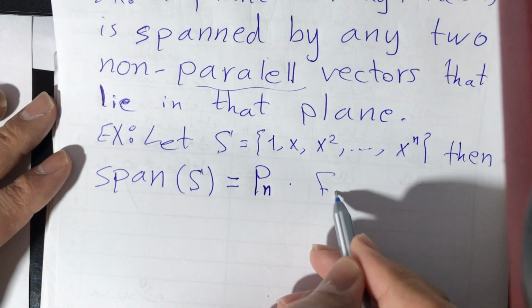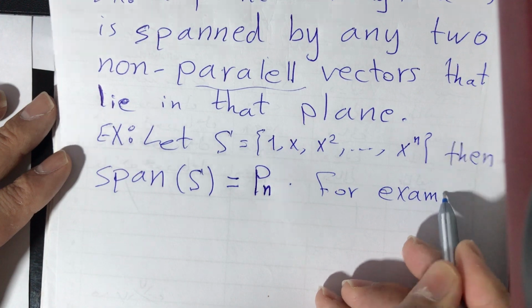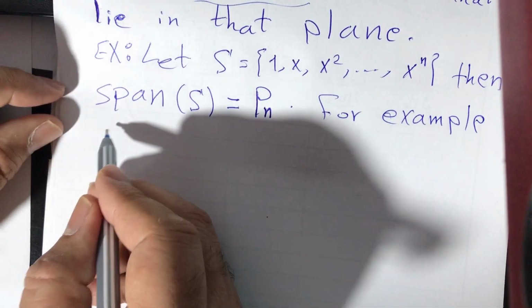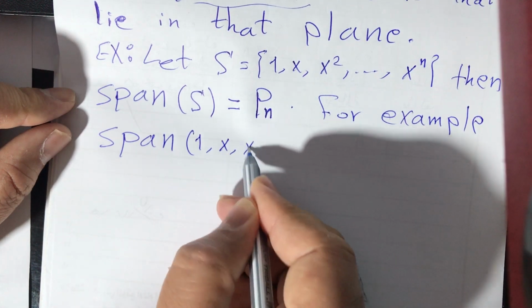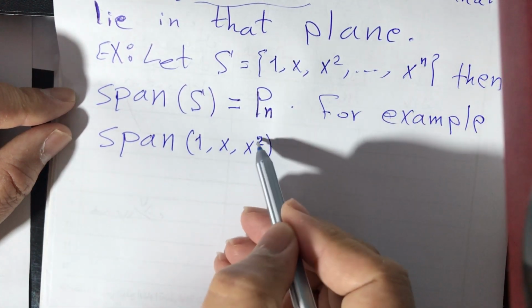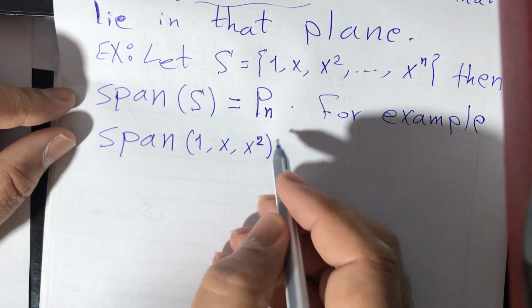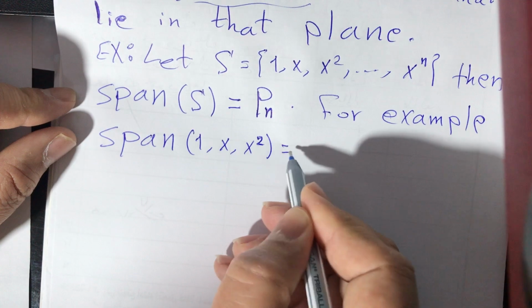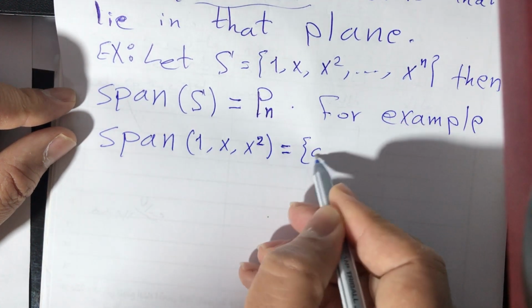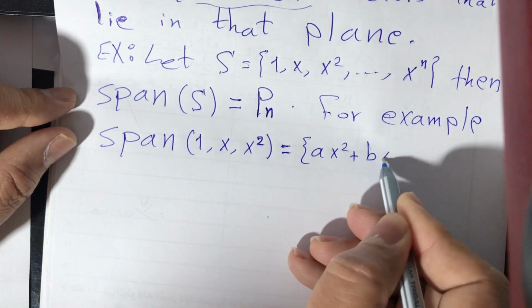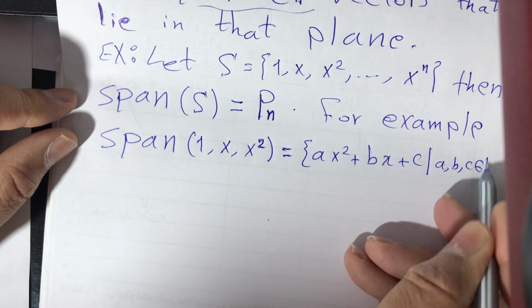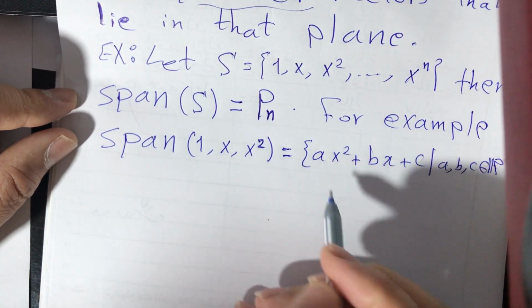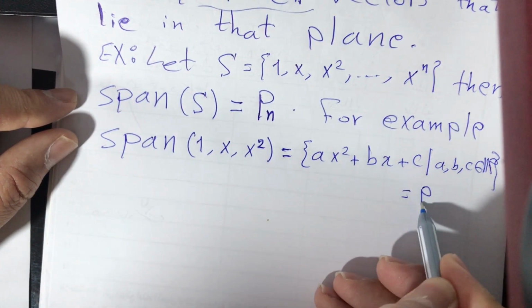Polynomials of order n. For example, span{1, x, x²}, where n here is equal to 2, is equal to {ax² + bx + c such that a, b, c belong to R}, real numbers, and this is equal to P2.